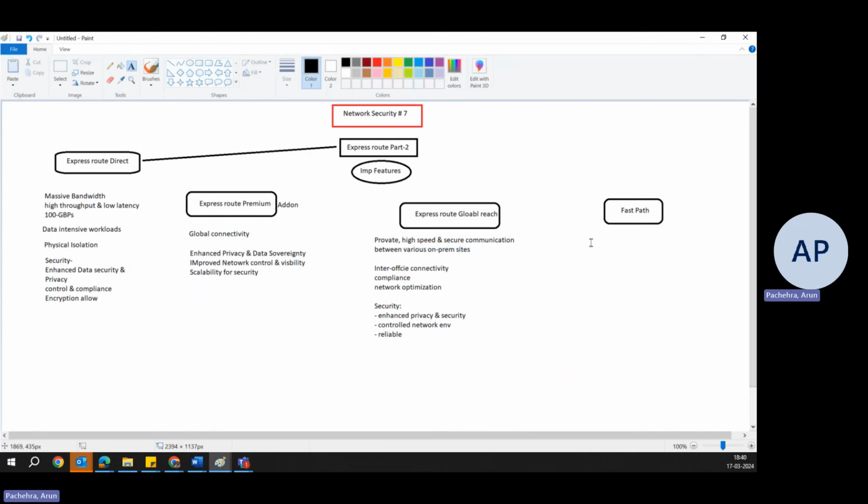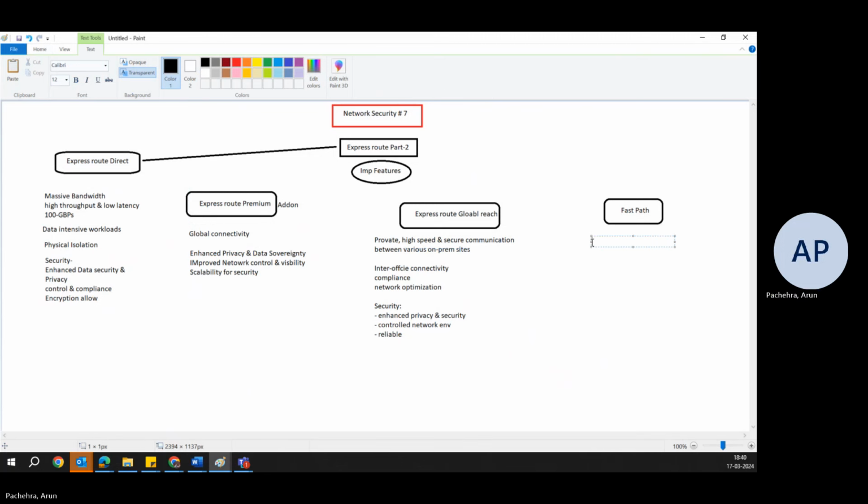Now, the last one is FastPath. It's not fast track, it's FastPath. Maybe track is also path, but you know what I mean. So it is a feature designed to optimize the routing of traffic from on-premises network to Azure services. Okay, that's what we have been doing for the last two videos and the last 30 minutes.